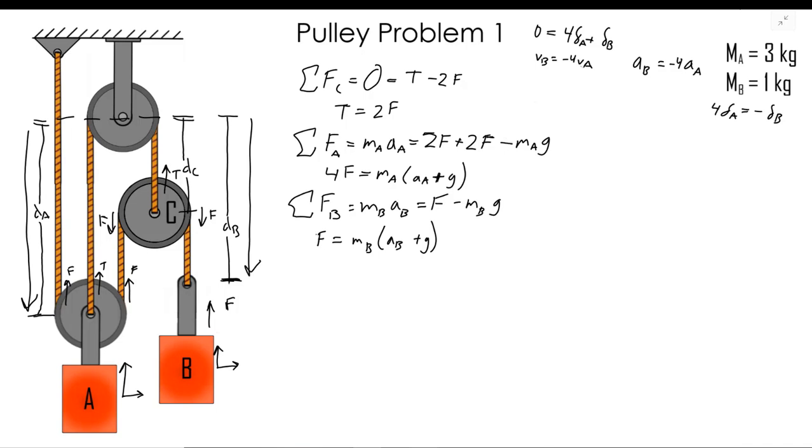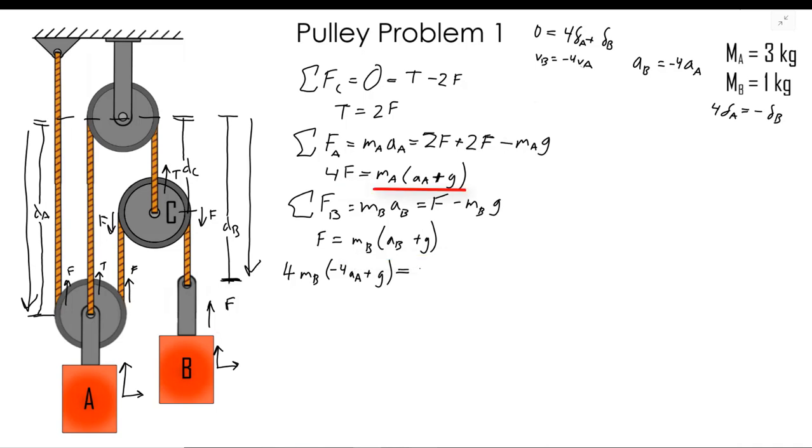So cool thing, we know what F equals. It equals that. So we're going to just implement that into there. So we're going to have 4 MB AB. We're going to just do it in terms of AA, actually, because it does make more sense to do it that way. So minus 4 AA plus G, so substituted that in.